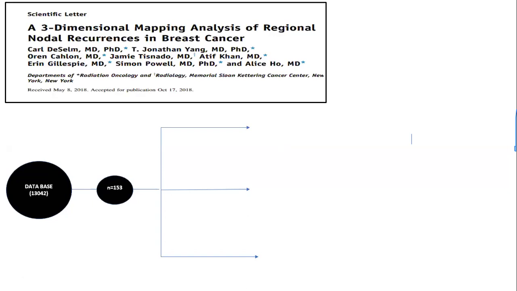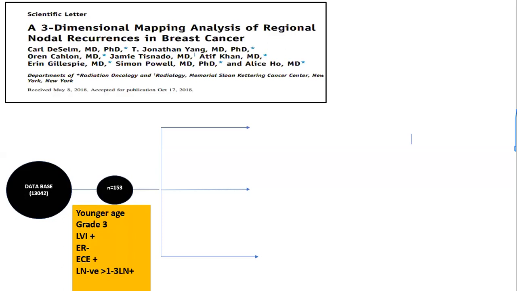They looked at which risk factors might be present in this loco-regional failure. They saw younger age group, grade 3 tumor, lymphovascular invasion, hormone negative status, and extracapsular extension.